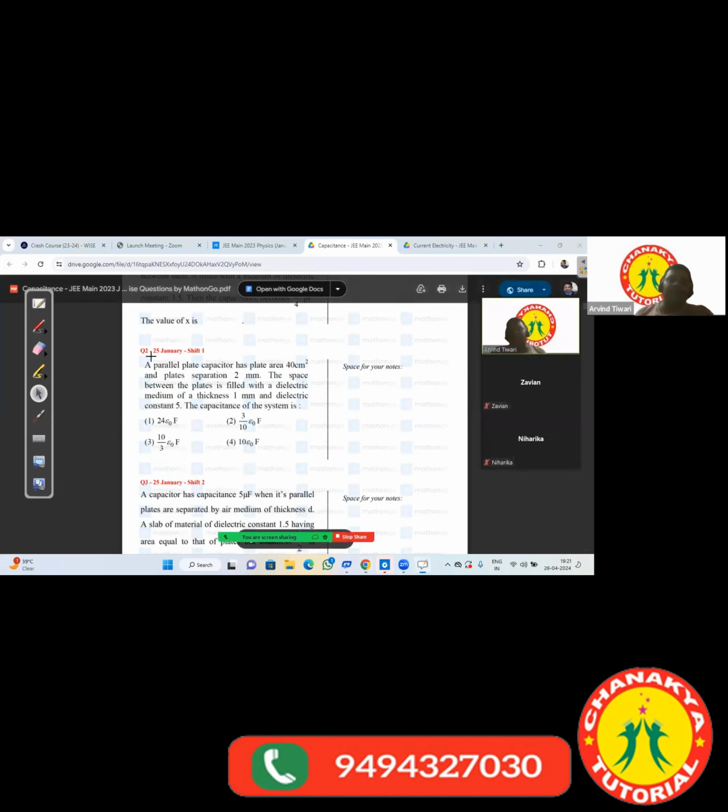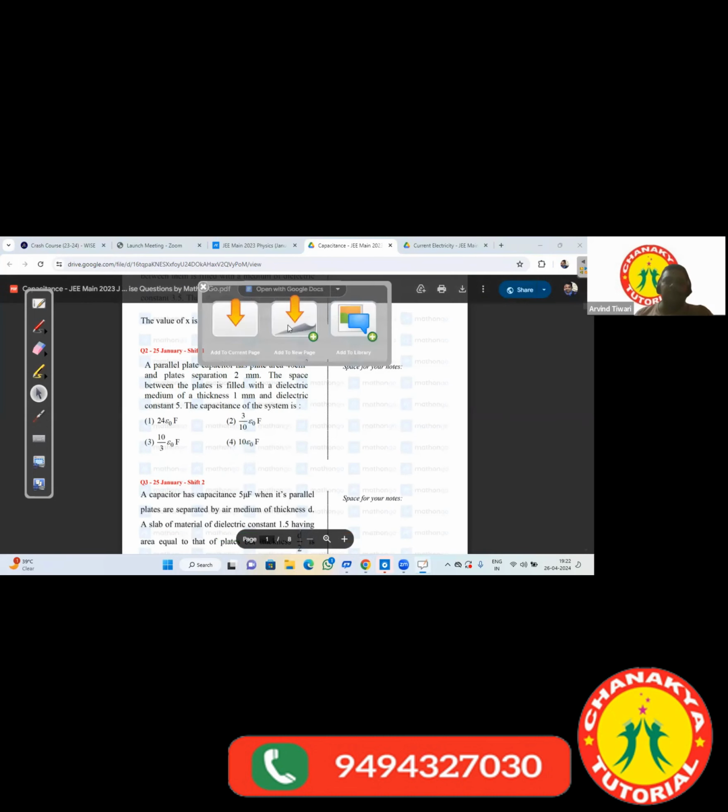A parallel plate capacitor has plate area 40 centimeters square, and the plate separation 2 meters. The space between the plates is filled with a dielectric medium of thickness 1 mm and dielectric constant 5. The capacitance of the system is.